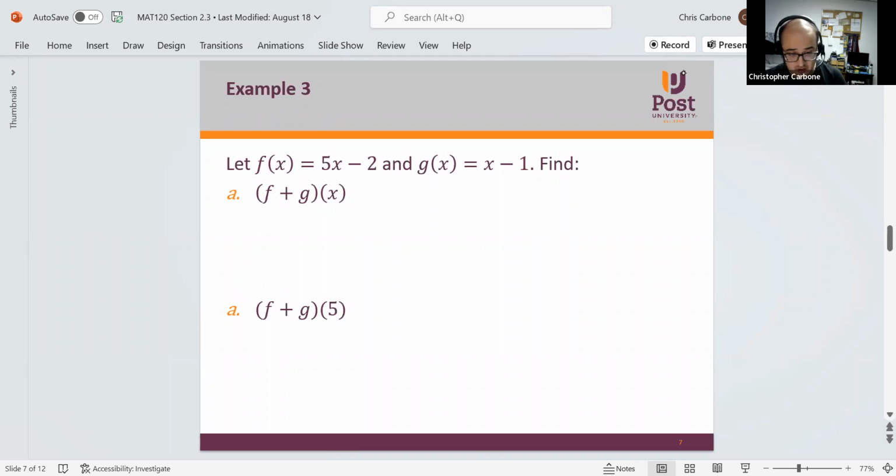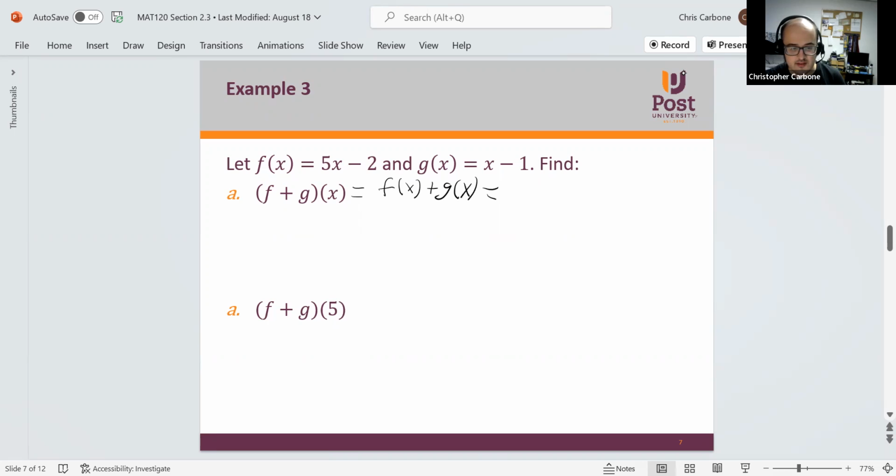So an example of this would be if we let f of x be 5x minus 2 and g of x be x minus 1. We first want to find f plus g of x. So from that last slide, f of x plus g of x.